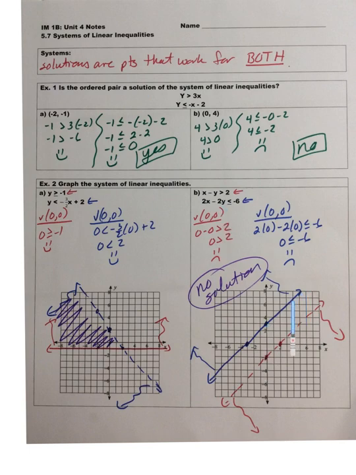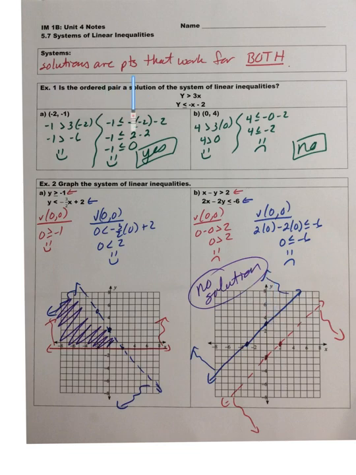It has an equal sign, so there's a solid line. I checked the point 0, 0, and got 2 times 0 minus 2 times 0 is less than or equal to negative 6. 0 less than or equal to negative 6 is not true. 0 is bigger than negative 6. So I don't want the point 0, 0, so I have to shade the other side of the blue line.